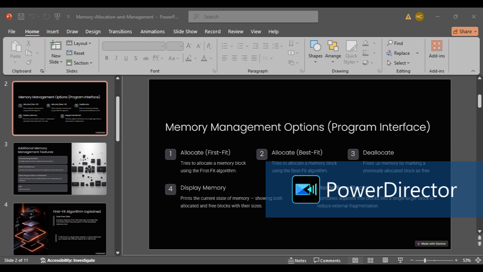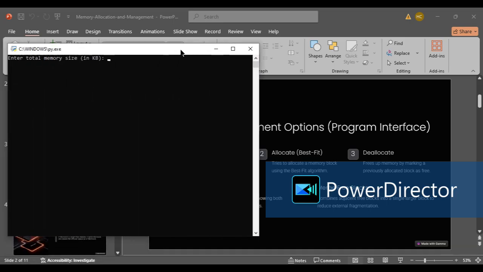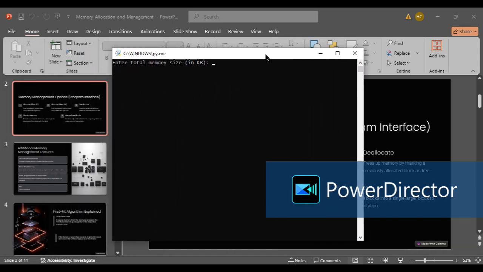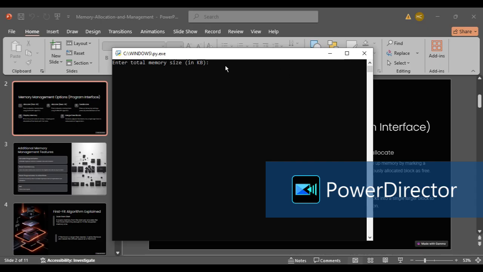We would continue by introducing the program's interface. When the program is launched, the user is first prompted to enter the total memory size. The total memory size can refer to the total size of a disk or a memory.